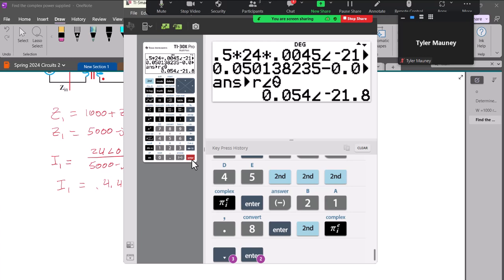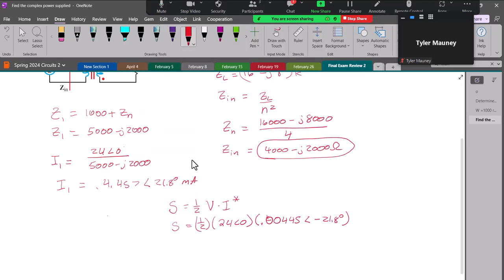So 54 angle negative 21.8 milli VA, or just 0.054 angle negative 21.8 degrees VA.